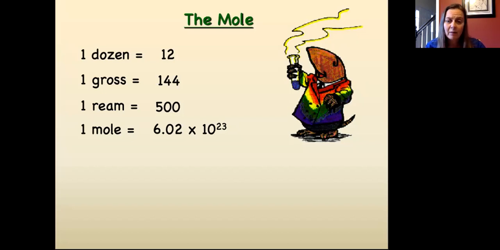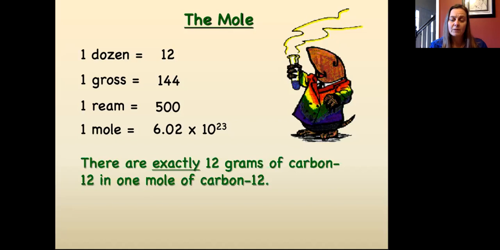And we know that that number is that number because that allows us to recognize that the mass of one mole in grams is the same as the mass of one atom, one formula unit, or one molecule of that same thing in atomic mass units, because the definition of the mole comes from the definition of carbon-12.